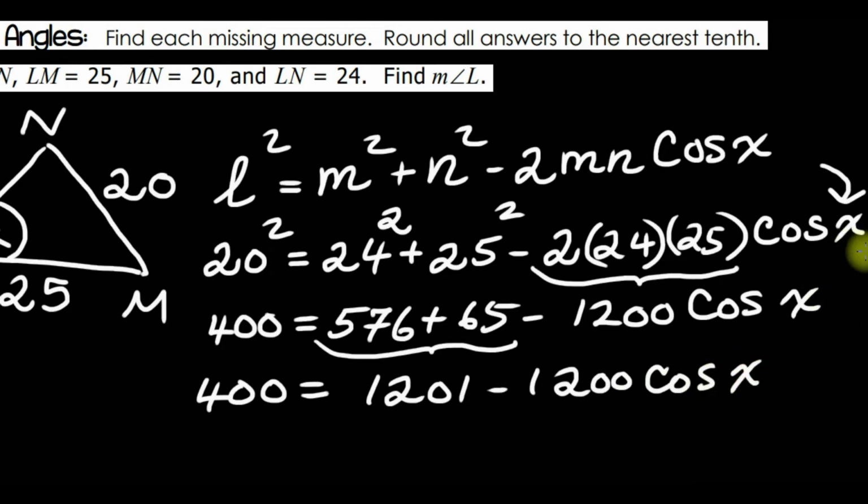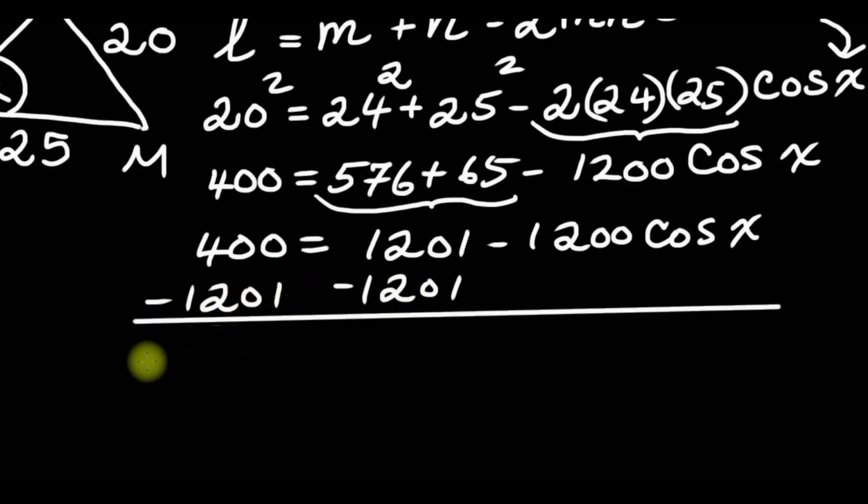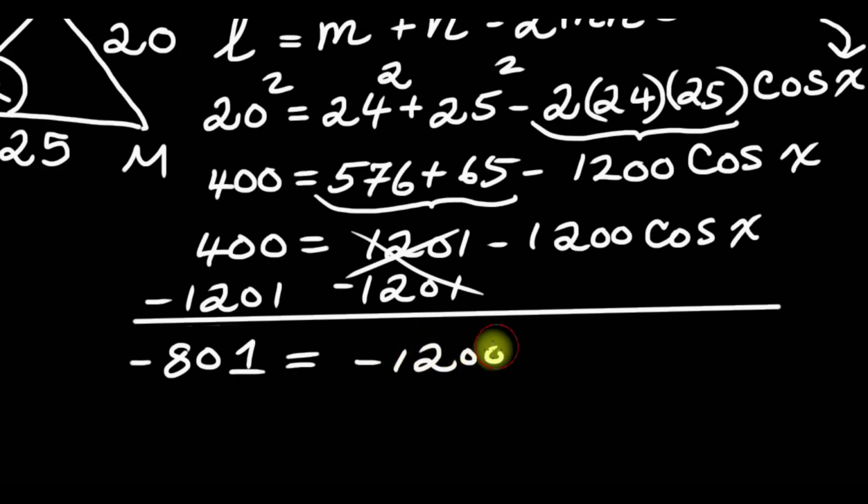And then here we're going to solve for x. So first thing we need to do is minus 1201 to both sides. Okay, this is going to give us negative 801, so these are gone. They add up to 0. And then take away 1200 cosine x.